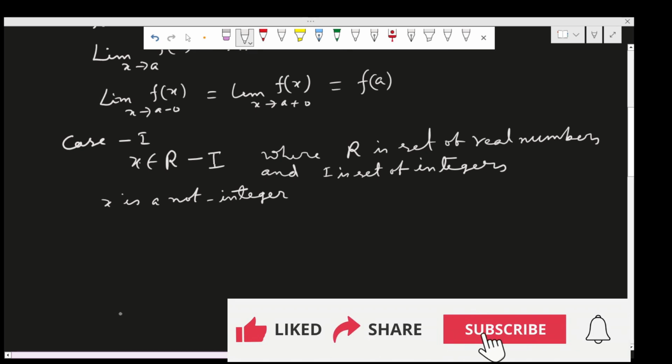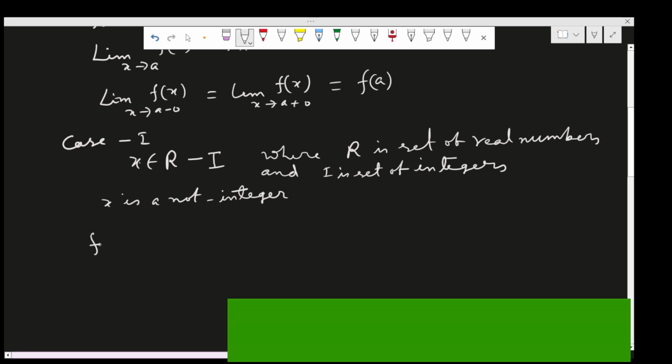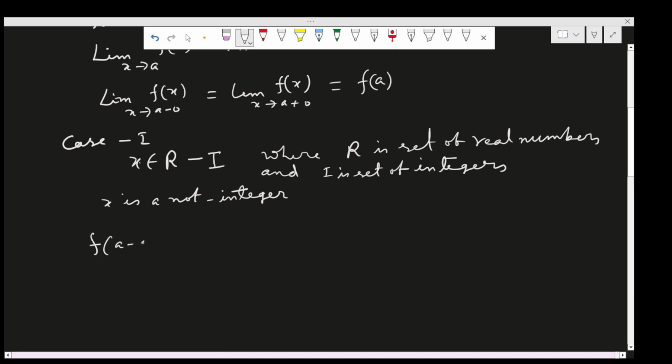So first find left hand limit. Symbolically, left hand limit f(a minus 0) is equal to limit x tends to a minus 0, f(x).